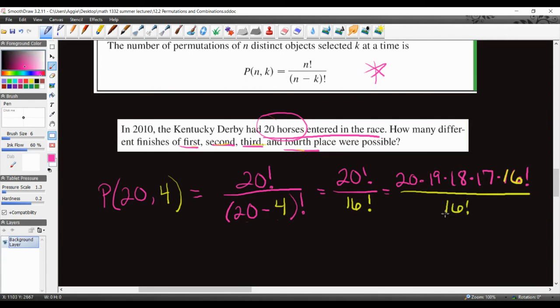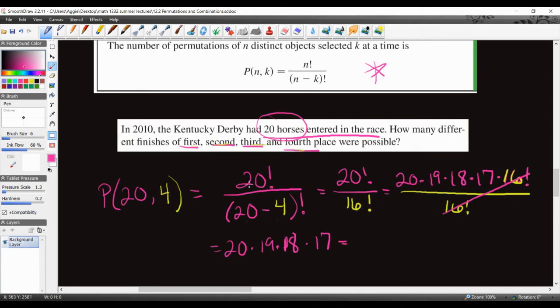And those two will cancel out because 16 factorial over 16 factorial is just 1. And so we're just left with 20 times 19 times 18 times 17. And this does really go back into that counting principle we saw previously where you have 4 spots, so there's 20 horses to choose from, and then there's 19, 18, 17. But this one takes into consideration the order.